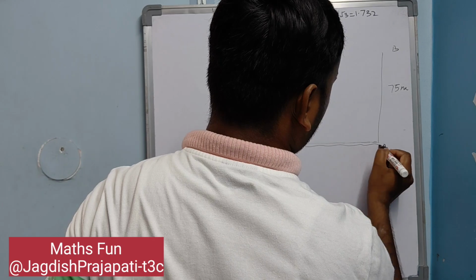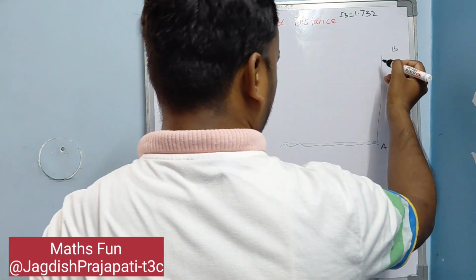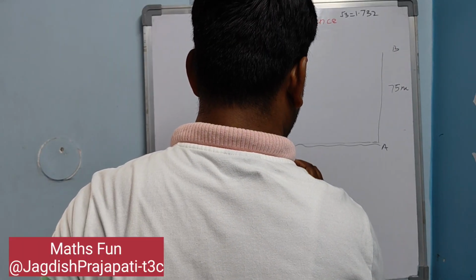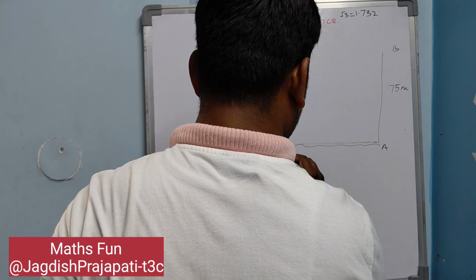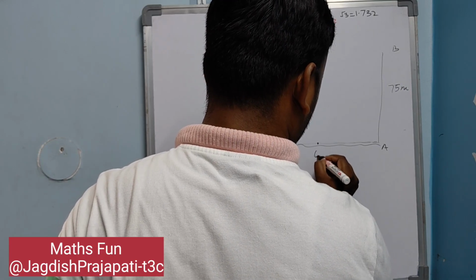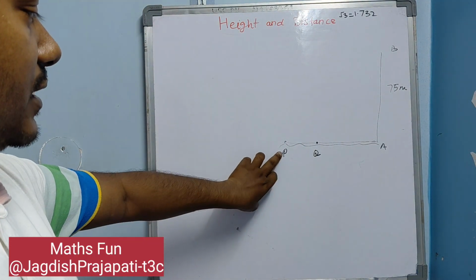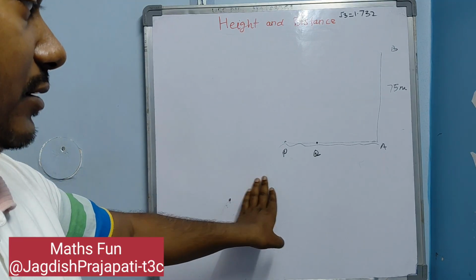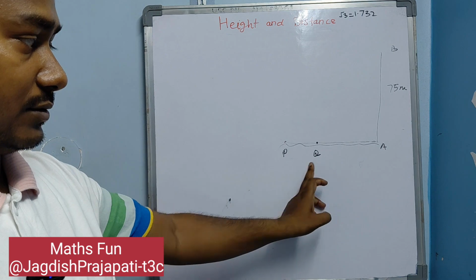So this is the water level. Okay, two ships are here. Let's say this is ship P and Q. It is mentioned that the two ships are there, but one is behind the other.